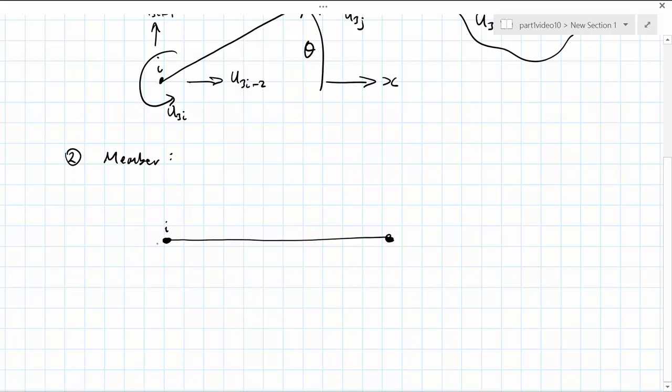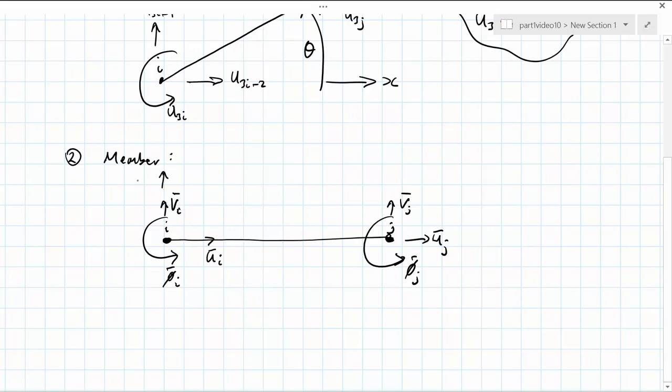So at node I, we have vertical displacement V bar I, horizontal displacement U bar I, and rotational displacement phi bar I. At node J, we have V bar J, U bar J, and phi bar J. Our member axes are then given by Y bar and X bar.